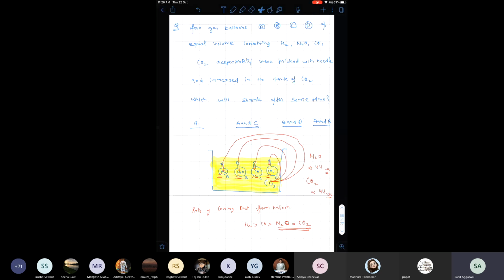Done. A balloon filled with CO is pricked and thrown into a tank of nitrogen gas under same temperature and pressure.